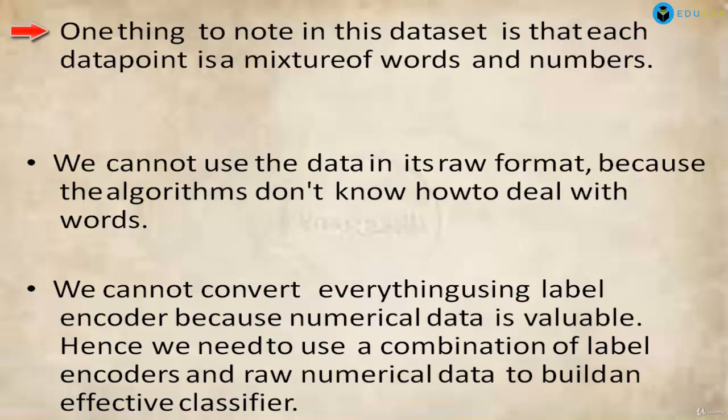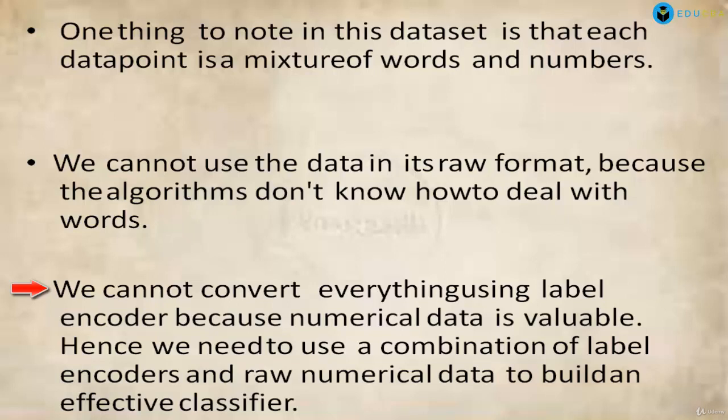One thing to note in this dataset is that each data point is a mixture of words and numbers. We cannot use the data in its raw format because the algorithm doesn't know how to deal with words, and we cannot convert everything using label encoder because numerical data is valuable. We want the numbers as our data.